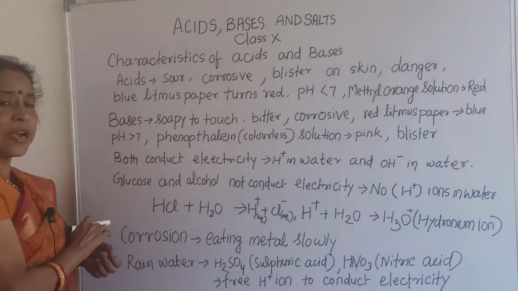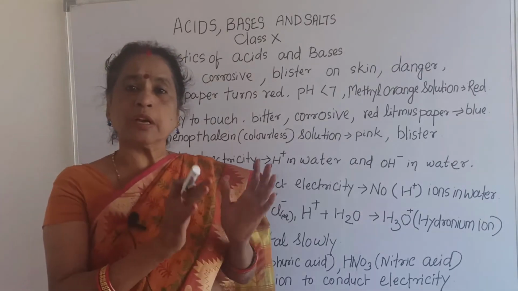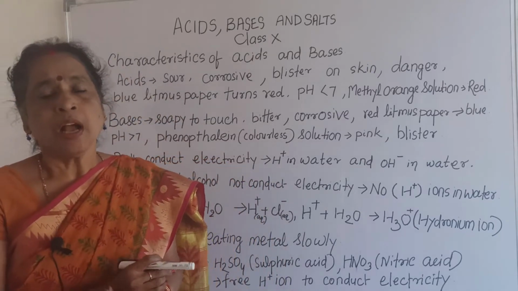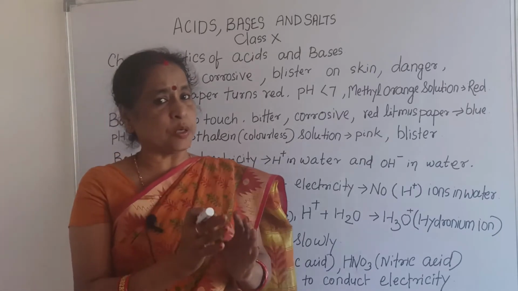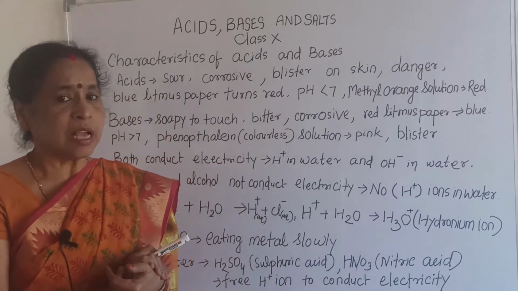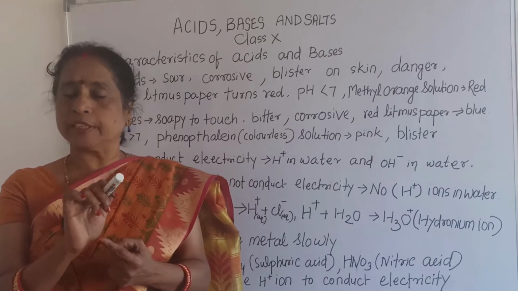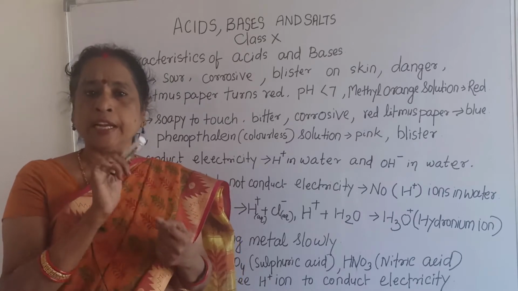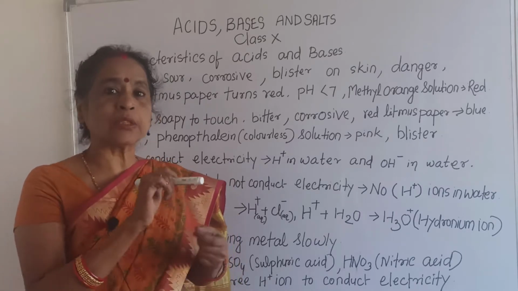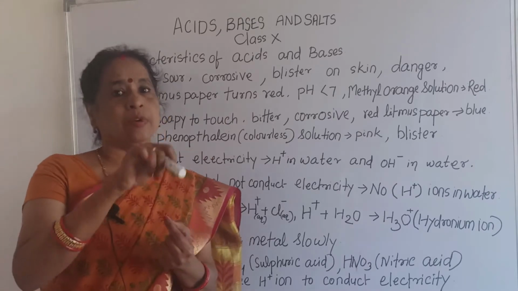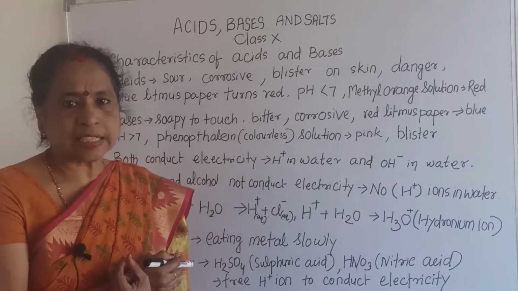Now next point, both conduct electricity. What is meant by conducting electricity? Acid in water produces H plus ion. H plus ion is responsible for the conduction of electricity. We know electricity can only pass through ions. So free ions are available in water containing acid.